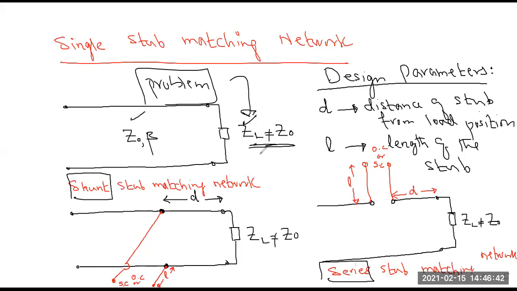So if you have selected a stub as your impedance matching circuit, you need to find out at which position I should connect my stub. And once you know the position, you need to find out what length of stub you need to select. Okay, so let's talk about this thing.